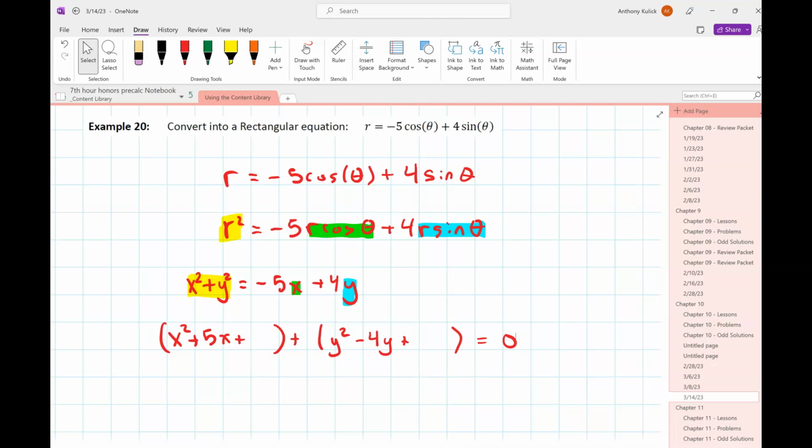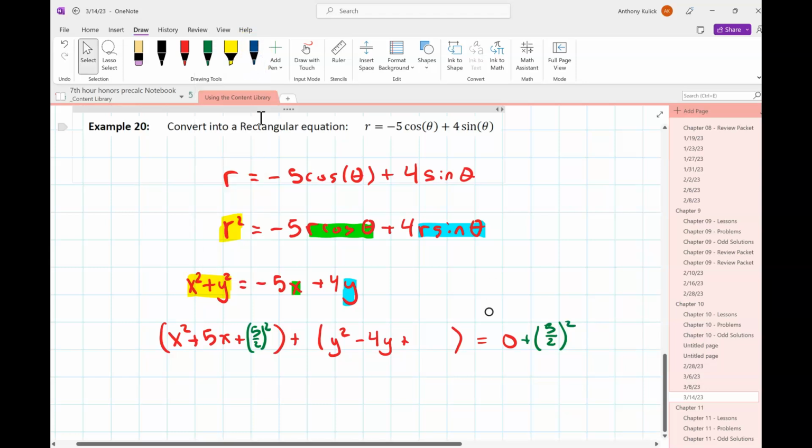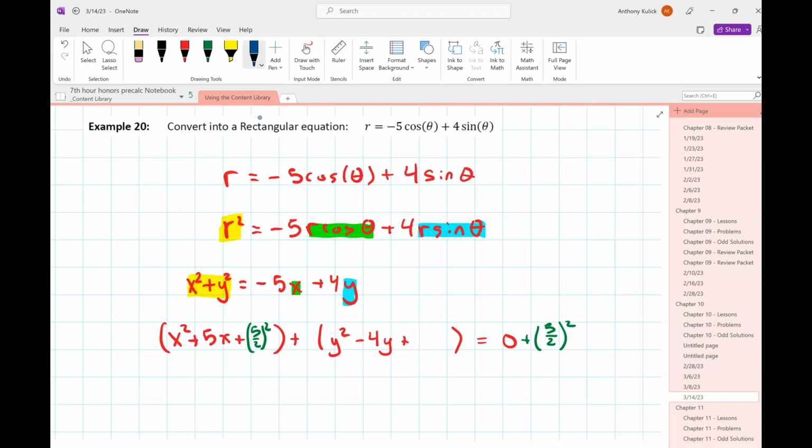I'm going to take the coefficient on the x, divide it by 2, and then square it, and we'll add that to both sides. What do we need to do to complete the square for the y's?